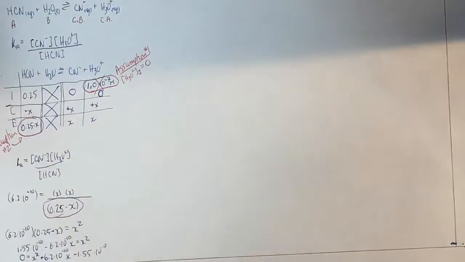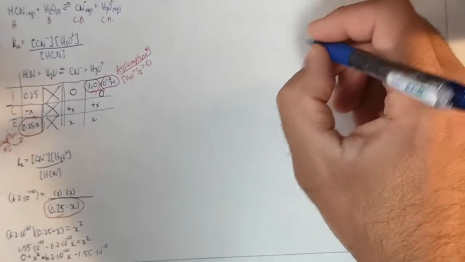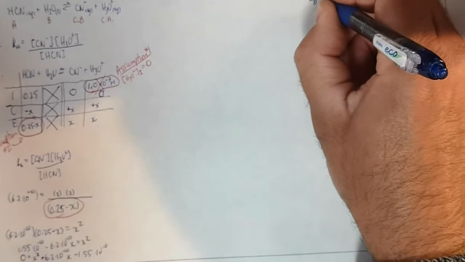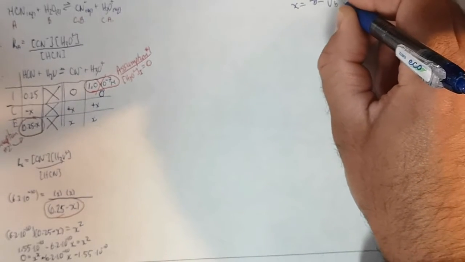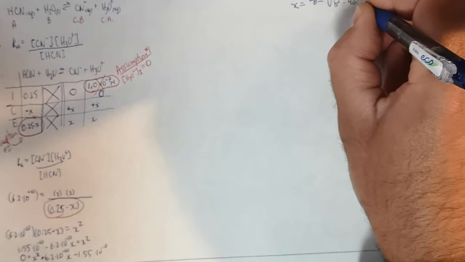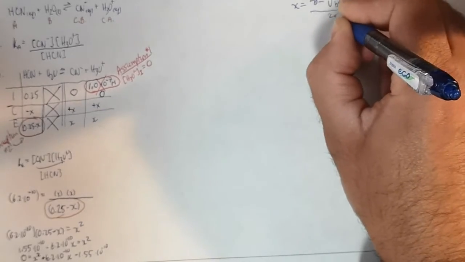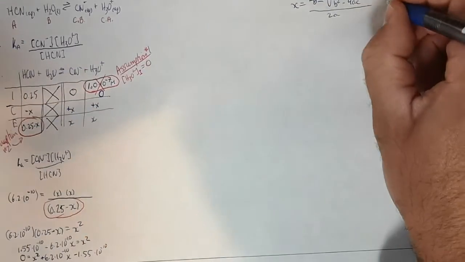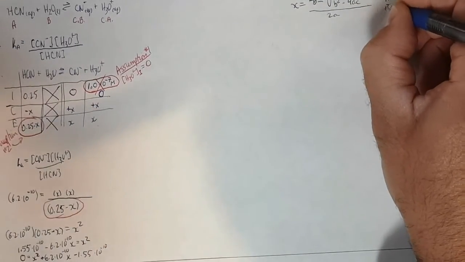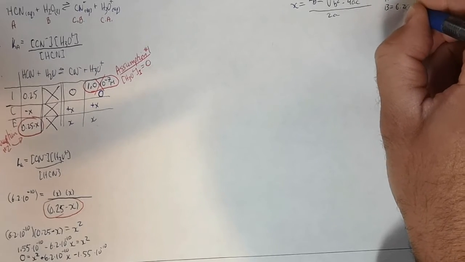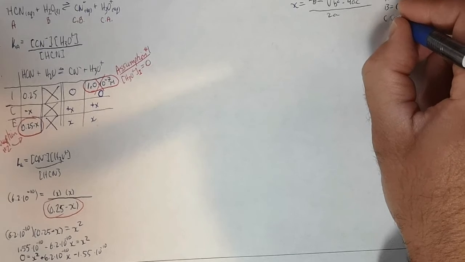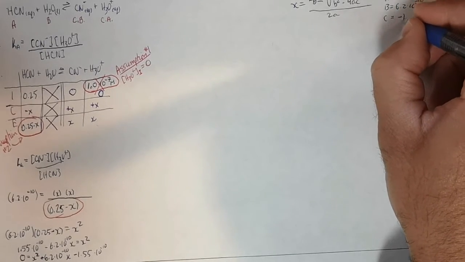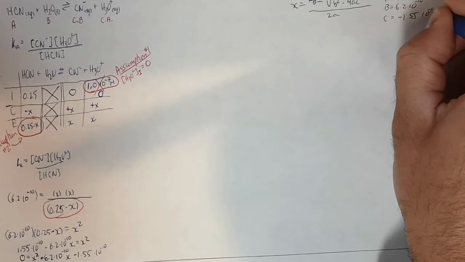Now if we punch this into our quadratic formula, we would see that x equals negative b plus or minus the square root of b squared minus 4ac all over 2a, where a is equal to 1, b is equal to 6.2 times 10 to the minus 10, and c is equal to negative 1.55 times 10 to the minus 10.